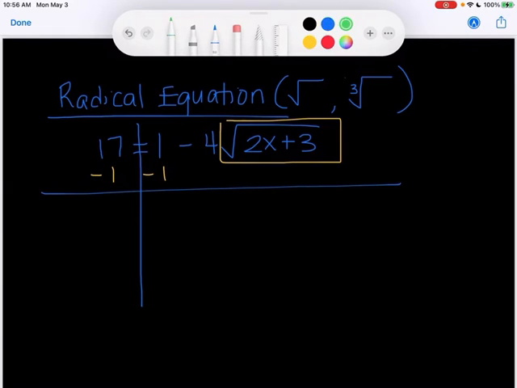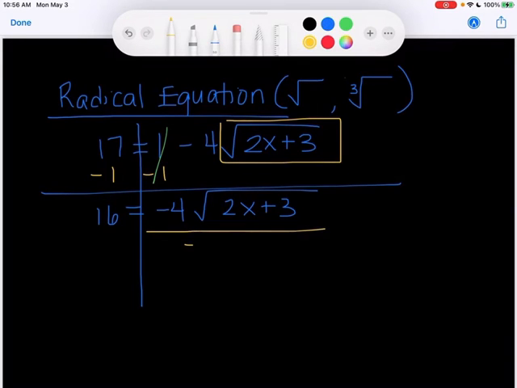And we end up with 16 equals negative 4 times the square root of 2x plus 3. And now to get rid of the negative 4, we divide both sides by negative 4. And we end up with negative 4 equals the square root of 2x plus 3.